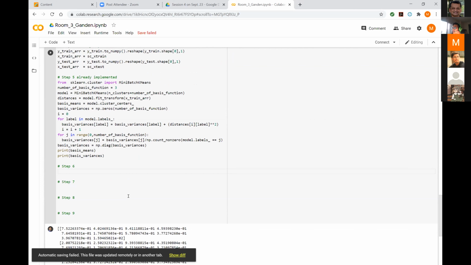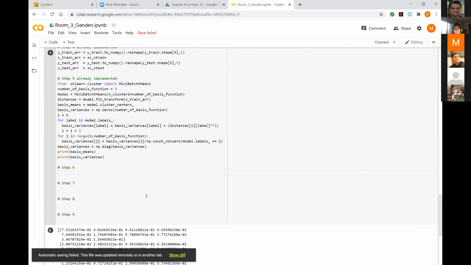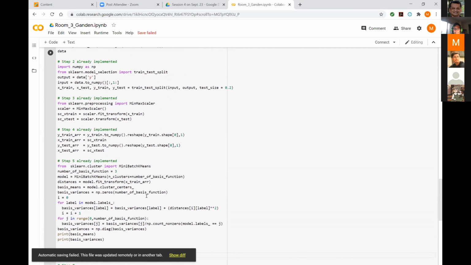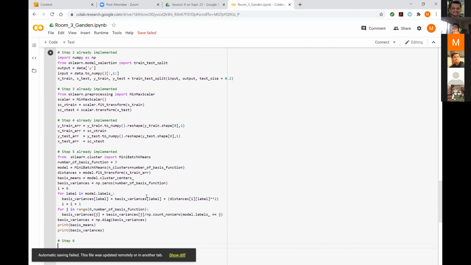So I think they are equivalent, and then the variance is supposed to be the summation of j part. Okay, the whole basis variance is the summation of the j part. So they have given the spread that is a summation of j, so that is already implemented. So I guess it is supposed to be the entire, complete thing.